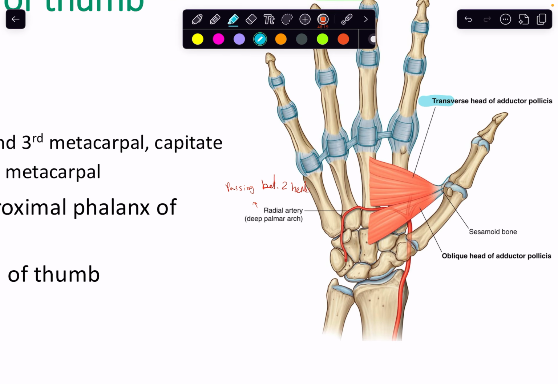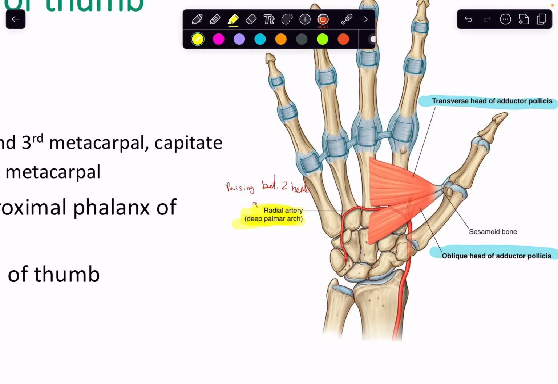Radial artery, and what is this arch? Deep palmar arch. So the deep palmar arch of the radial is coming in the deep side of the palm, passing through the 2 heads of the adductor pollicis, right?